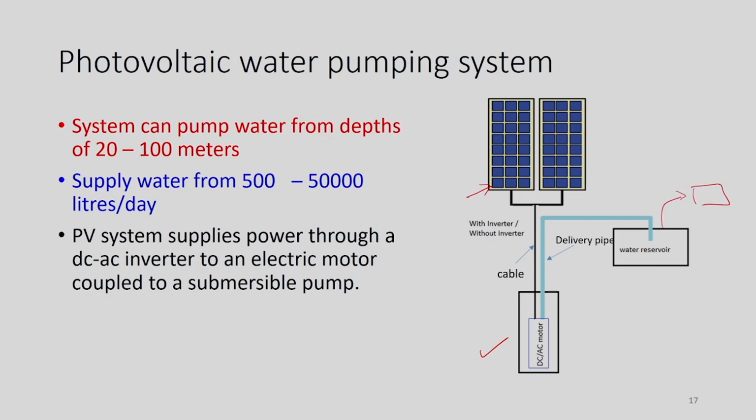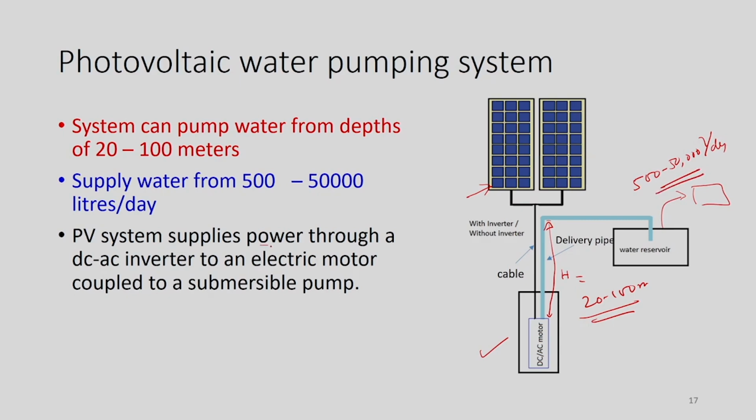So, with this kind of system, we can go up to a depth of 20 to 100 meter. Okay. So, this head we can go from maybe 20 to 100 meter. Okay. And this kind of system can supply water from 500 to 50,000 liter per day. Okay. So, that much water can be lifted. Okay.